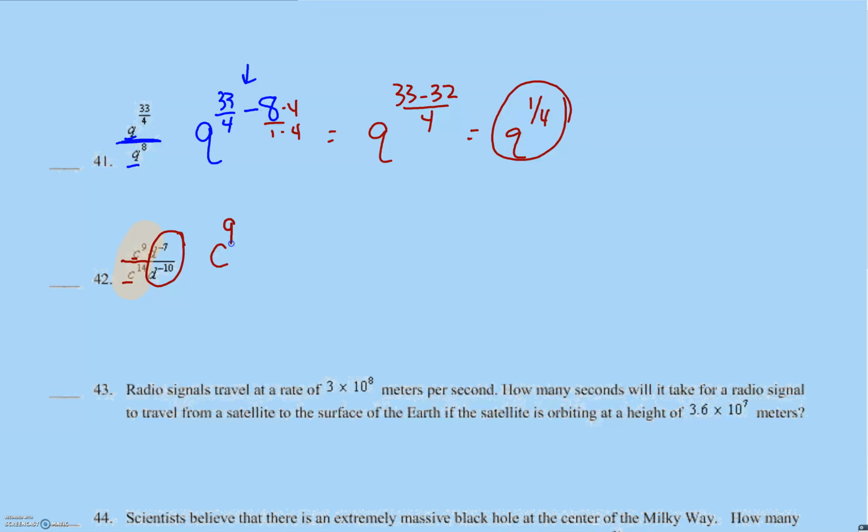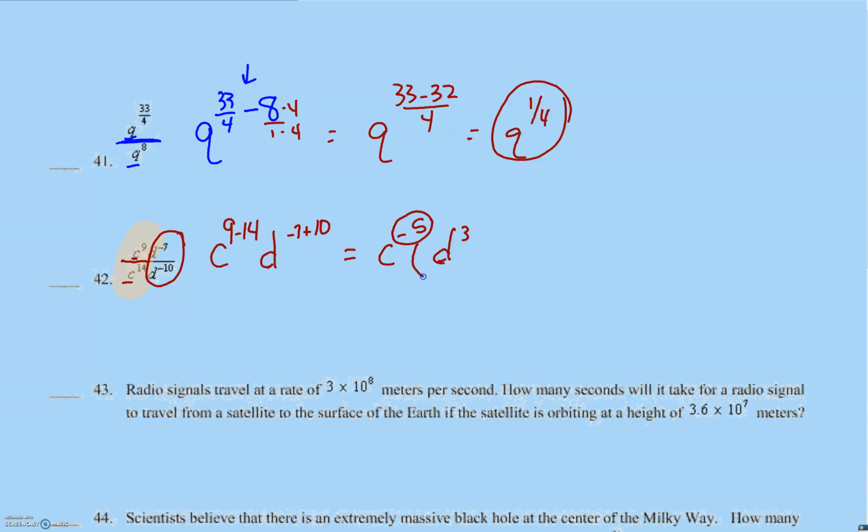I subtract C to the 9 minus 14. I do the same thing with my D's. D to the negative 7 minus negative 10. And remember, two negatives make a positive. This is going to give me C to the negative 5th power, D to the positive 3rd power.